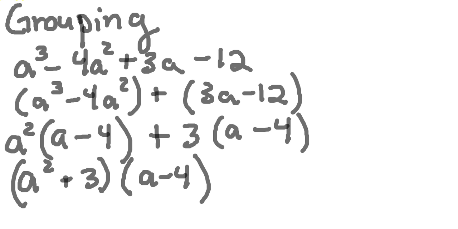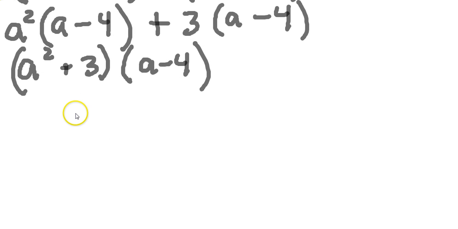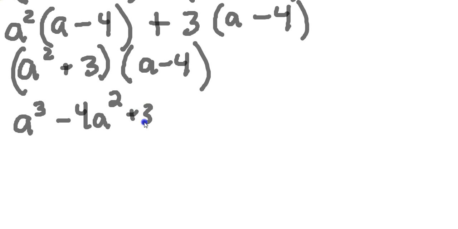Now, how do we know that works? Well, let's multiply it through and see. Using our FOIL method, a squared times a is a cubed. That's the front. Now the outer, a squared times minus 4 is minus 4a squared. Inner terms, 3 times a is plus 3a.